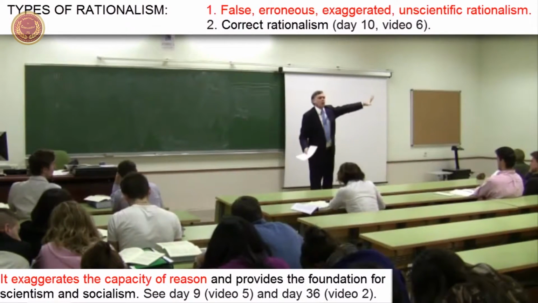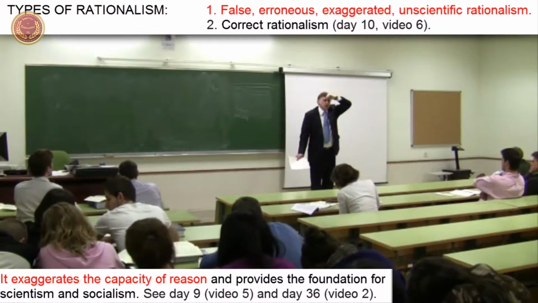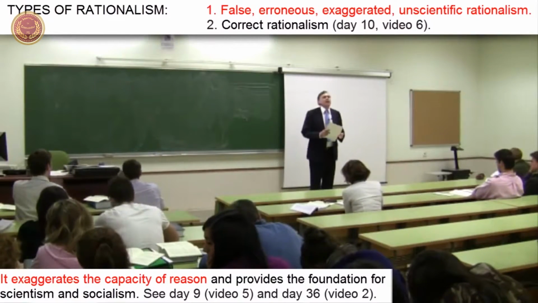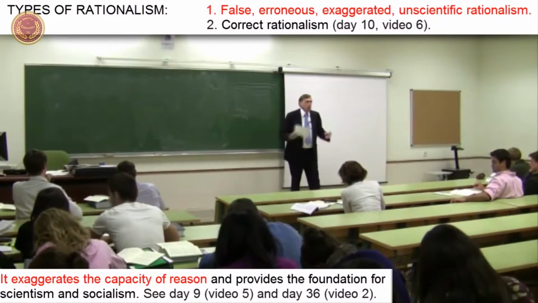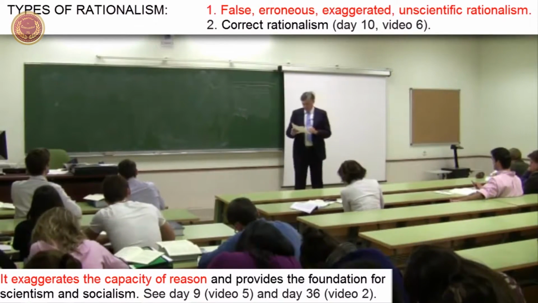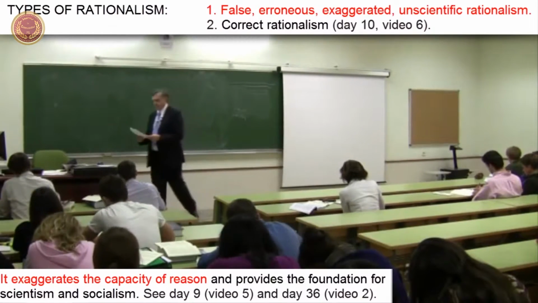They assume all we need to do is get rid of bad leaders and choose some good and wise ones, because the human mind is capable of organizing a much better world. Erroneous, exaggerated, false rationalism emerged. It exploded with the French Revolution. The origin of this rationalism lies in the French Revolution of 1789.